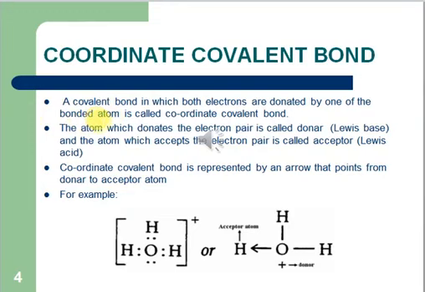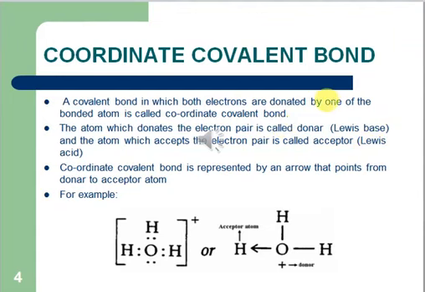In a coordinate covalent bond, the atom which donates the electron pair is called the donor. It's also known as the Lewis base. The atom which accepts the electron pair is known as the acceptor, or the Lewis acid. If you keep in mind the Lewis concept of acids and bases, any species that can donate an electron pair is called a Lewis base, while any species that can accept an electron pair is called a Lewis acid.